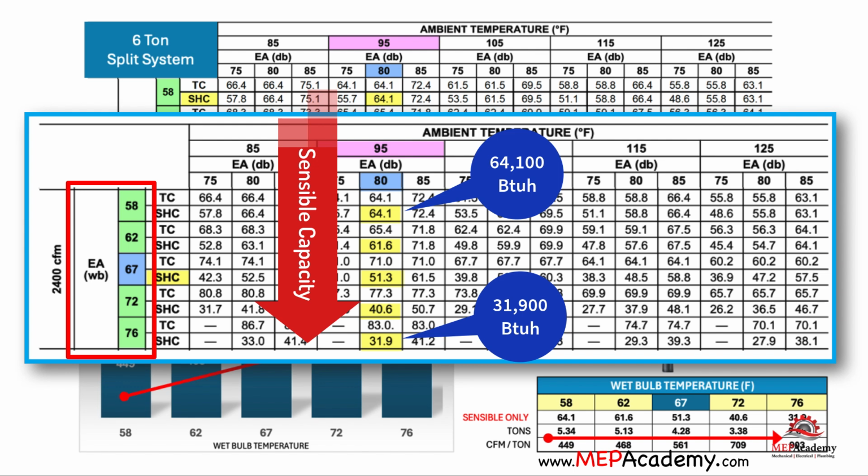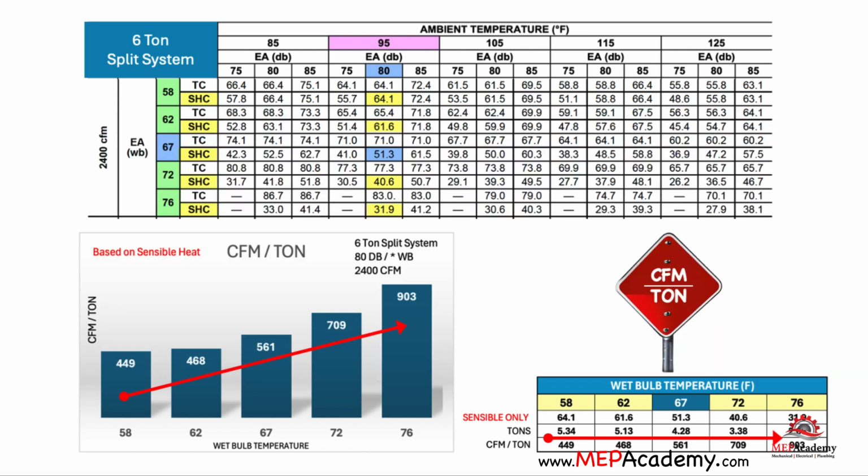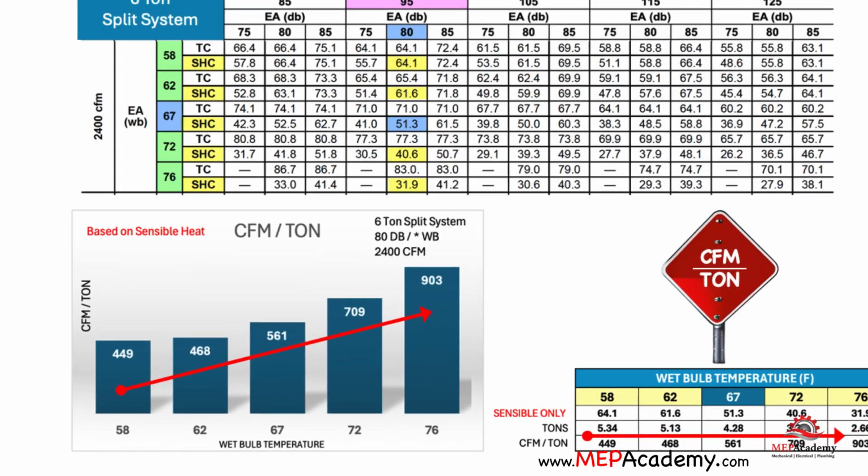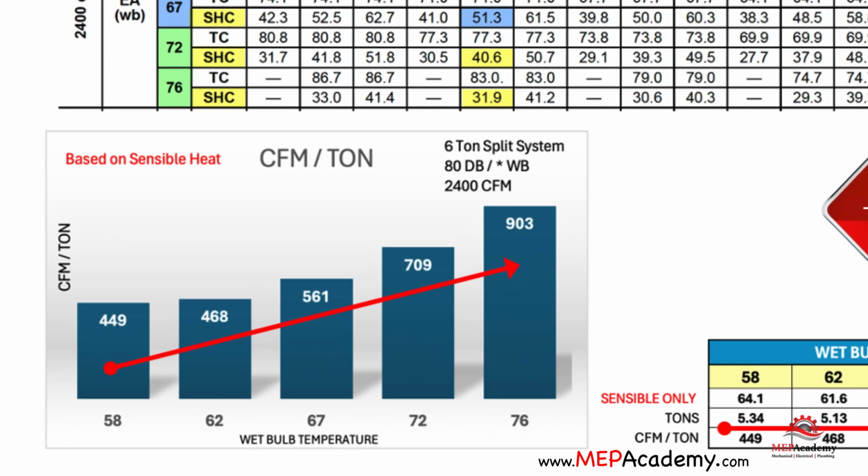This means that based on our 2400 CFM and the sensible capacity only, our CFM per ton increases as the wet bulb temperature increases. This is the exact opposite of the results we get from CFM versus total capacity. Because the system uses more of its capacity for removing moisture, there is less left over to remove sensible heat.